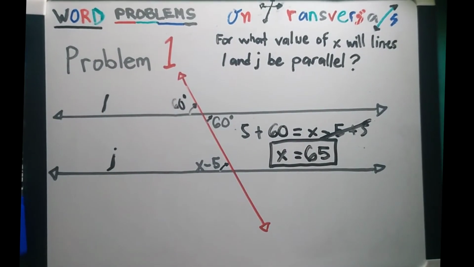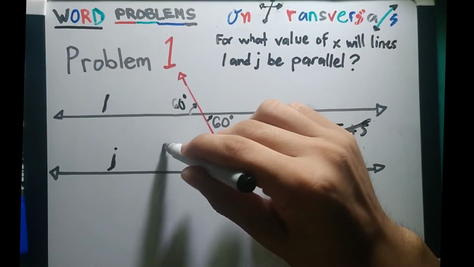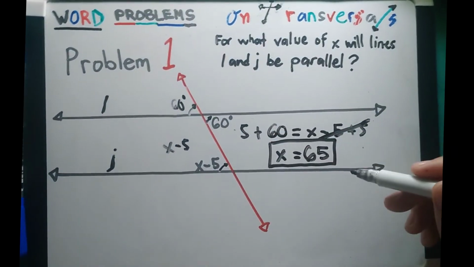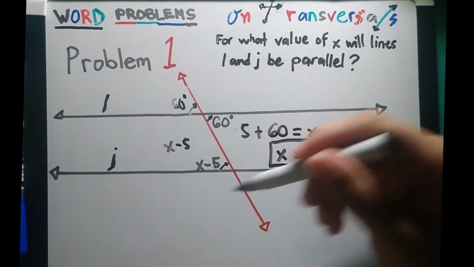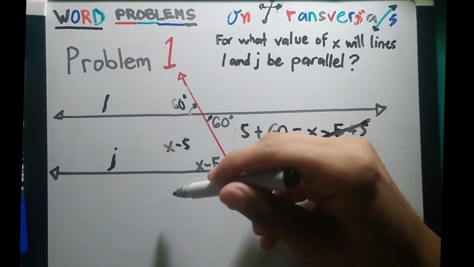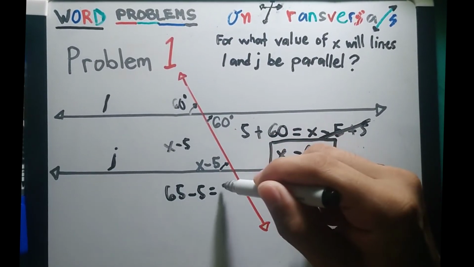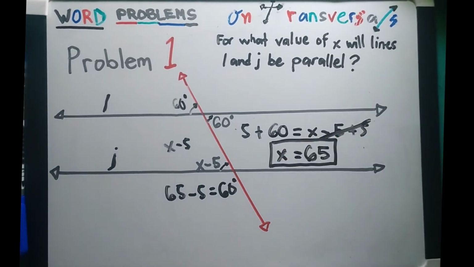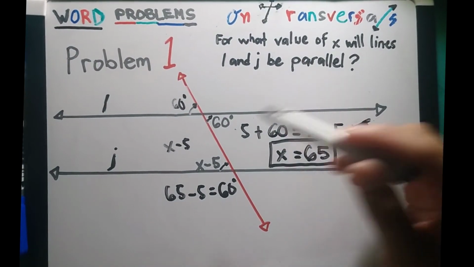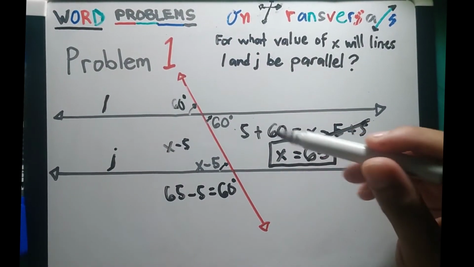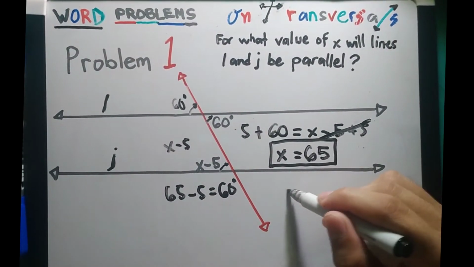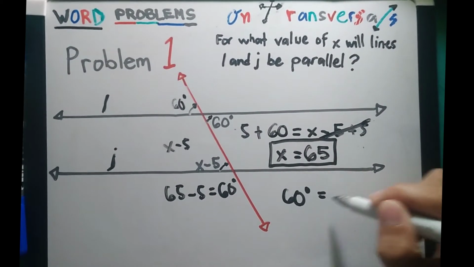So the measure of the second angle is x minus 5. Substituting the value of x that we now have found, it will be 65 minus 5, or equal to 60. Again, since the two given angles are alternate interior angles, they must have equal measure.